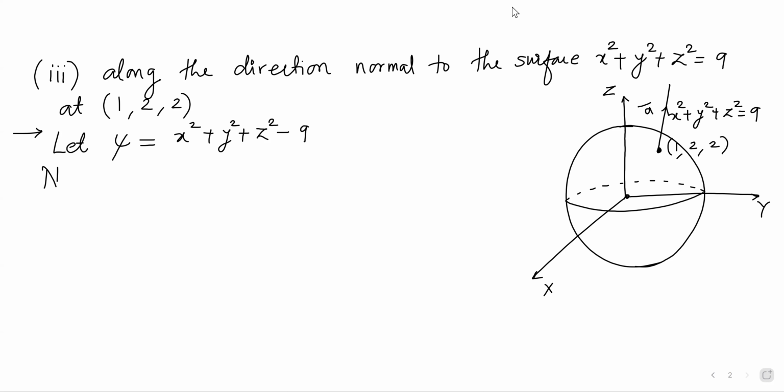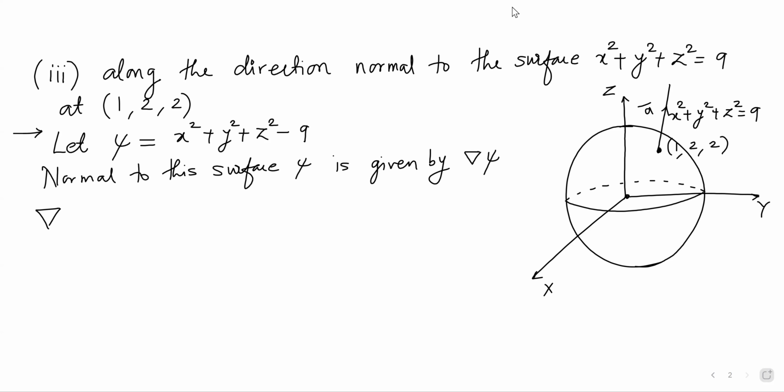So the normal to this surface psi is given by del psi, correct? Del psi means the gradient of psi. Like we have seen del phi, in place of phi you now write psi.